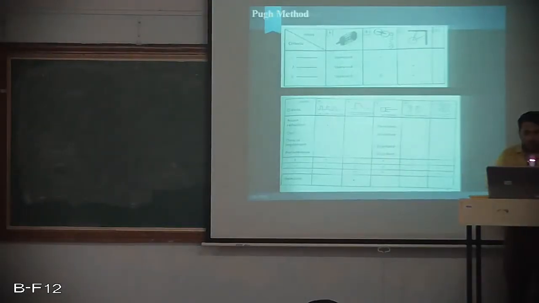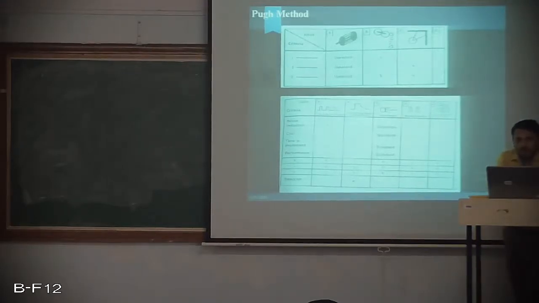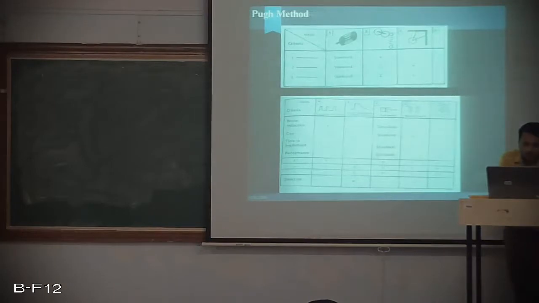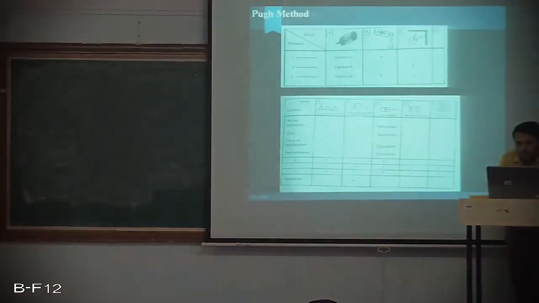The Pugh method. If you have the criteria and ideas, the ideas go on changing for any particular product; this is just an example. If you look at the criteria, they are standard for all the things. For A, all are the standard, the medium level standards. For B, the first standard is increased, the second standard for the B component is reduced, and the third is kept as it is.